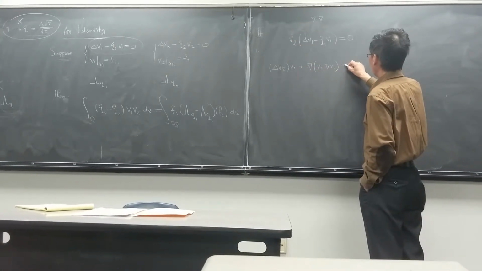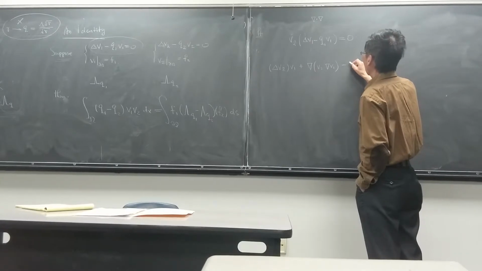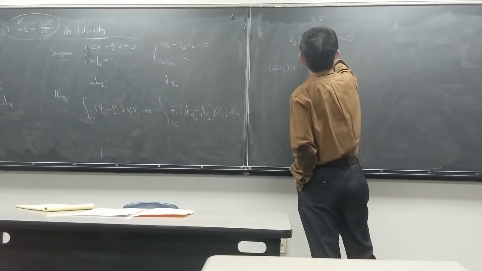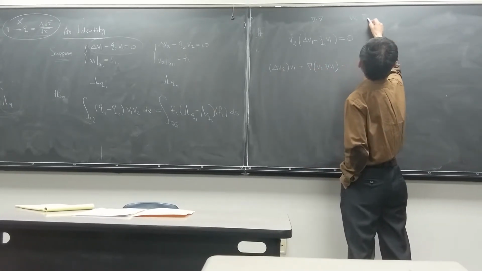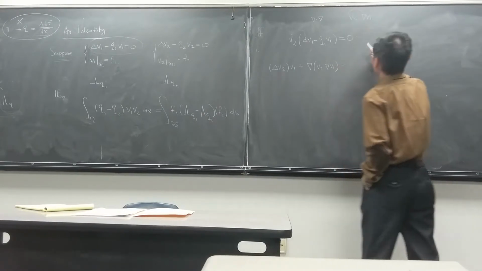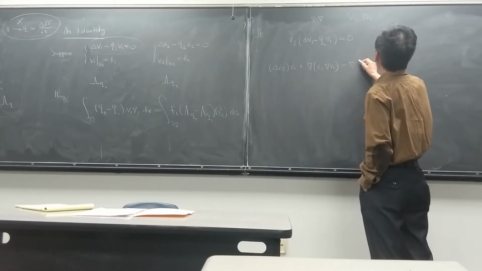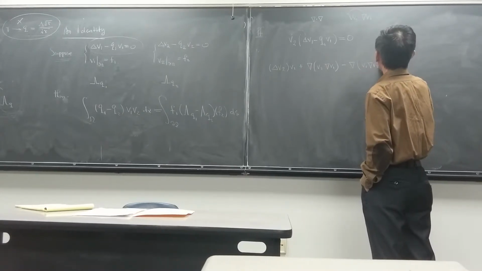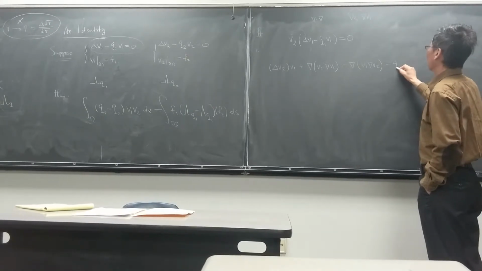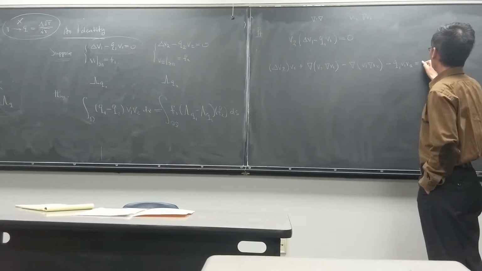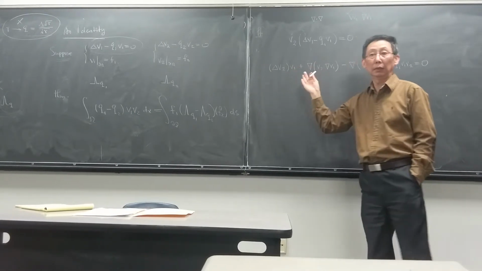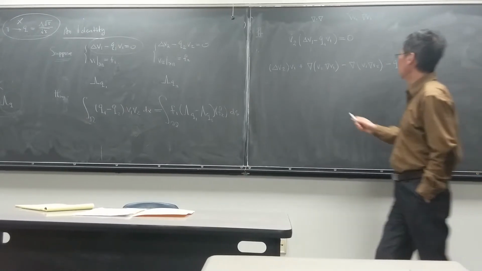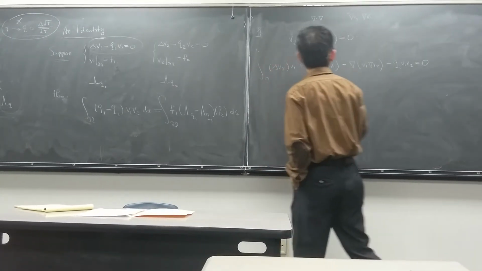You have another term, which is minus gradient V1 dot gradient V2. Okay? Then finally minus Q1 V1 V2. So here it is just the product rule, basically. Right? It's a product rule.